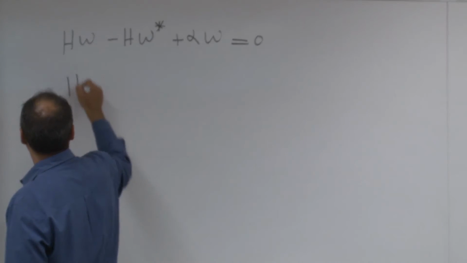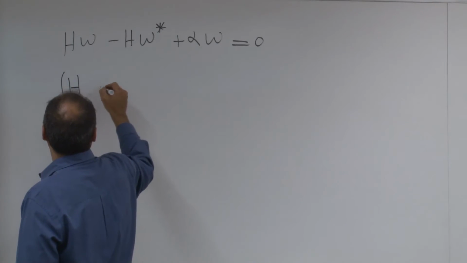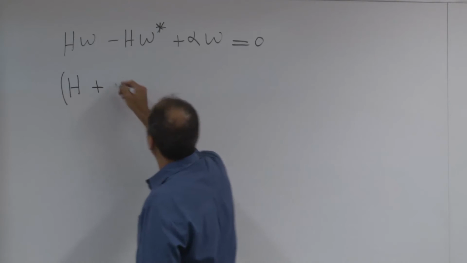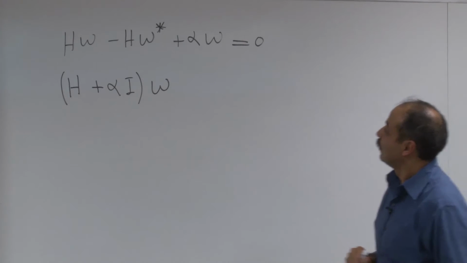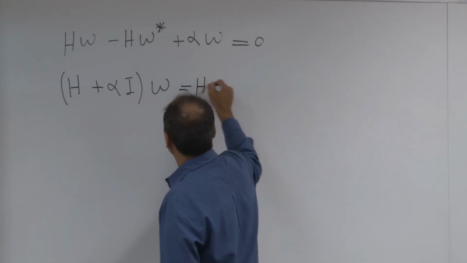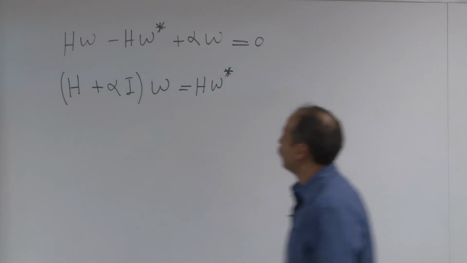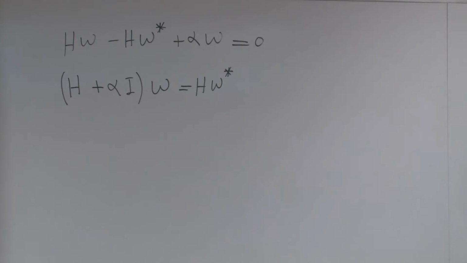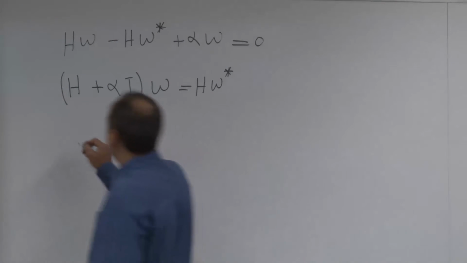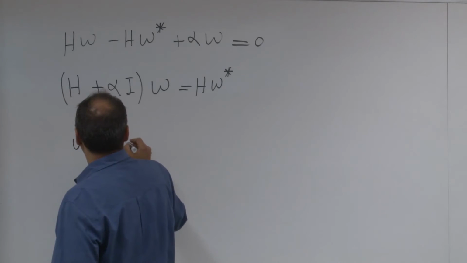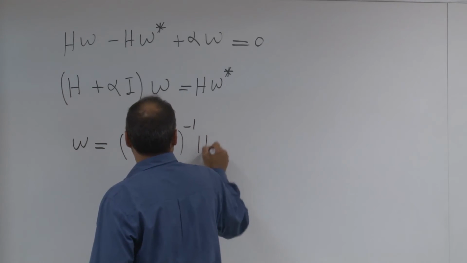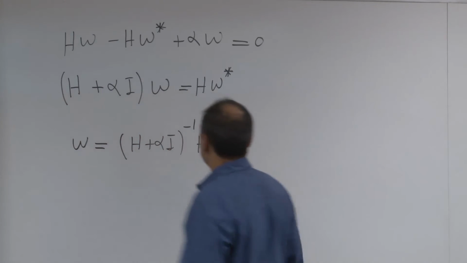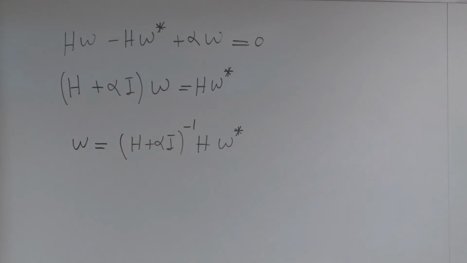So it's going to be (H plus alpha I) times W equal to H W star. Okay. So W will be (H plus alpha I) inverse H W star. That's my new solution.